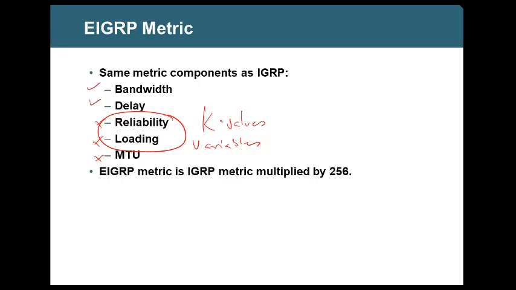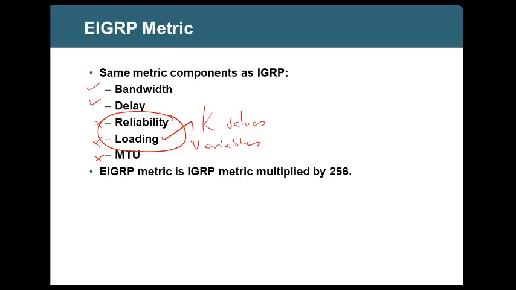If you consider this type of variable as a metric, then EIGRP will keep on changing the path. When someone is using the network too much, EIGRP will say, no, this path is not good, let's go to the next path. When that path is in use, it will say, no, that path is not good, let's go to the previous path. It keeps on jumping when you consider variables.